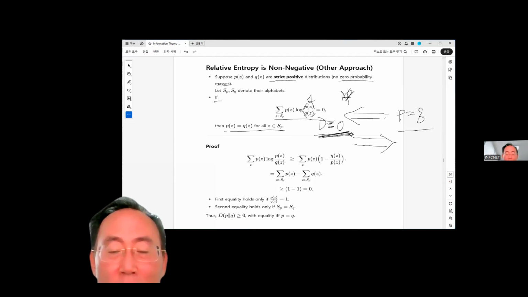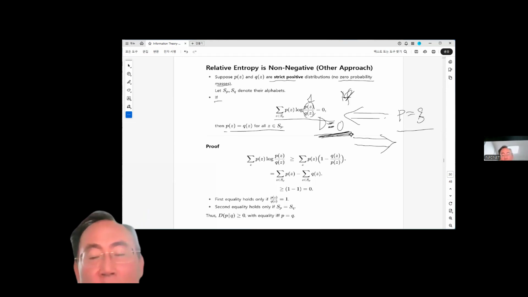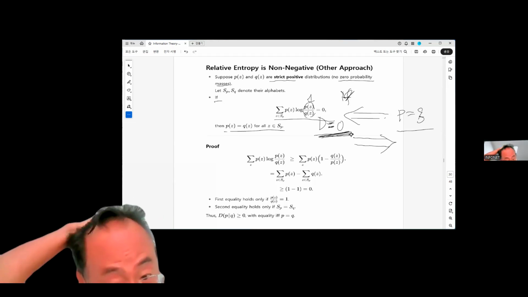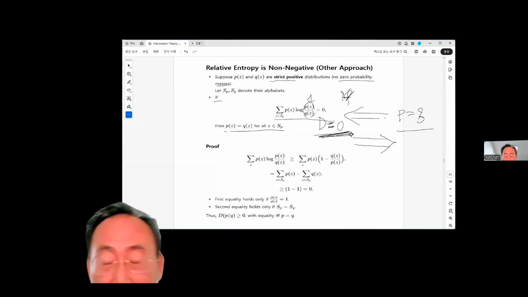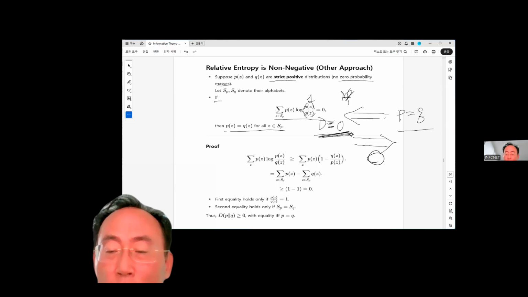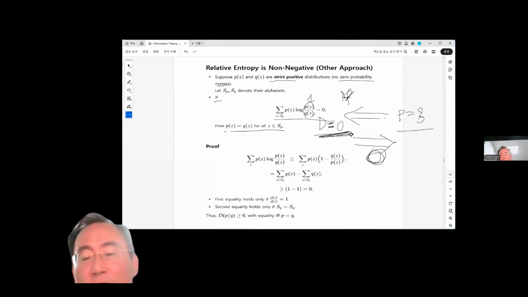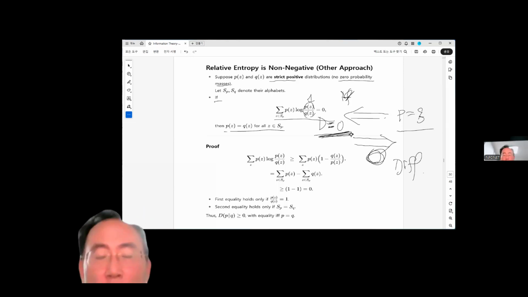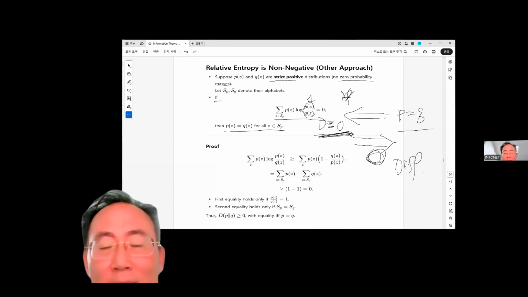That is the difficult part, right? So we have to use Jensen's inequality, whatever technique that we need to come up with, we have to use it for this part. Difficult in general, all right? So we will talk about that.